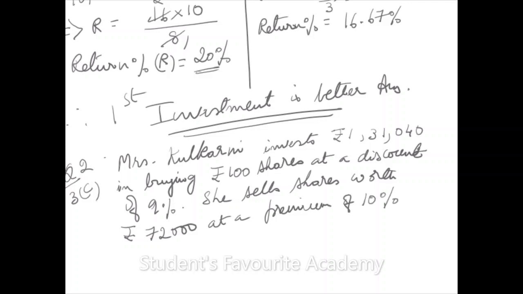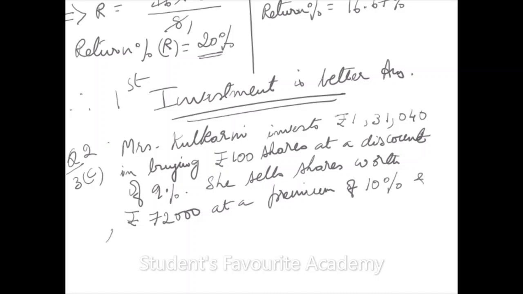That is, when the market value of the shares goes up and gets sold at a premium of 10%, then she sells some shares worth rupees 72,000 at this premium rate, and the rest of the shares she sells at a discount of 5%. She must have kept the rest of the shares. Then she saw that the market value fell and was sold at a discount of 5%. So at that time she sells the remaining shares.